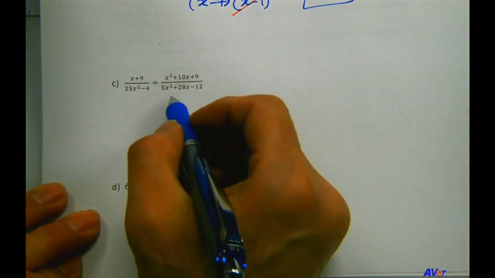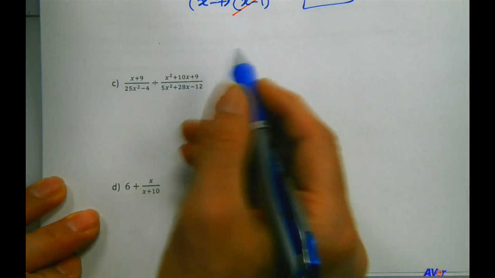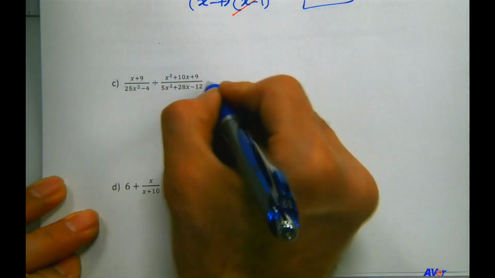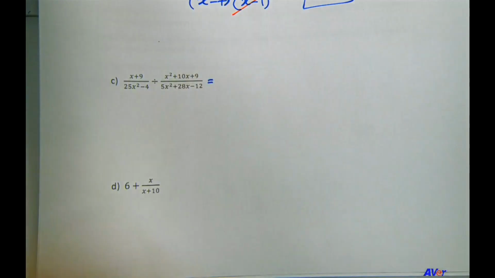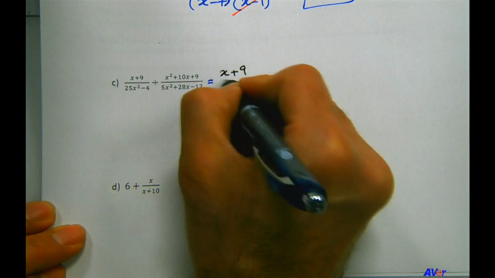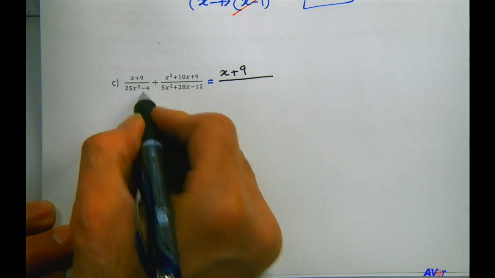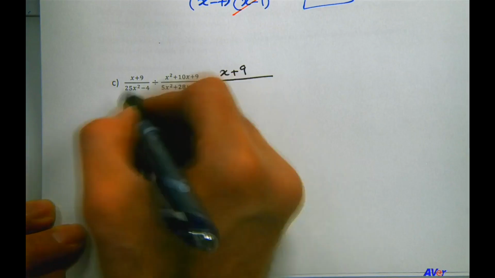Part C, it's a division problem. So let's factor what we can. The numerator here is fine, so x plus 9. But the denominator is a perfect square minus another perfect square, right? 5x squared is 25x squared.